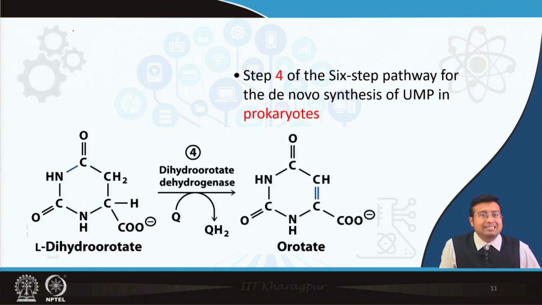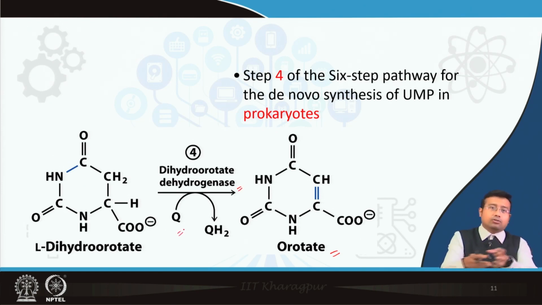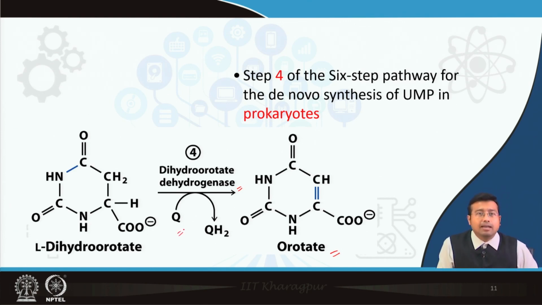What happens in the next step? Dihydroorotate is converted to orotate, or dihydroorotic acid is converted to orotic acid, all right. And the enzyme is dihydroorotate dehydrogenase. What do Q and QH2 stand for? This is a reducing equivalent that is helping in the dehydrogenase reaction.